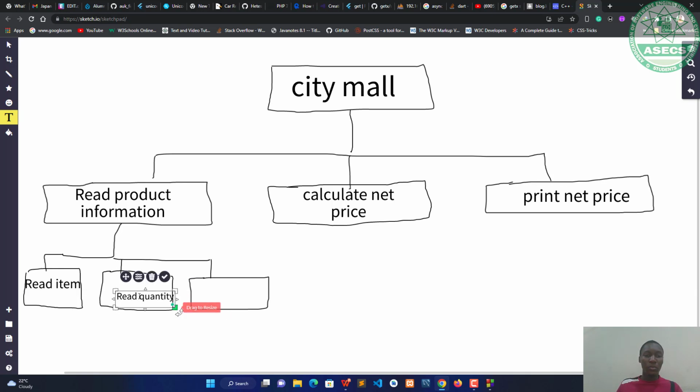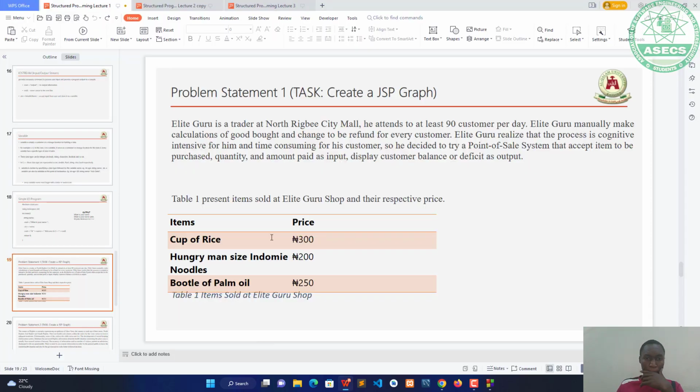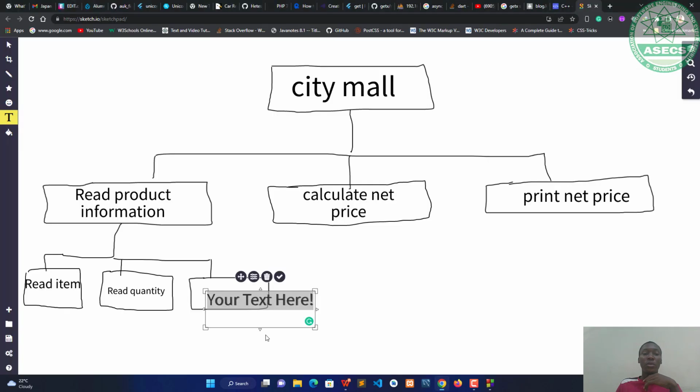It should be so small too. And it should be here. And the next one is what? An amount paid. Okay, amount the customer will pay. Amount to be paid by that customer.